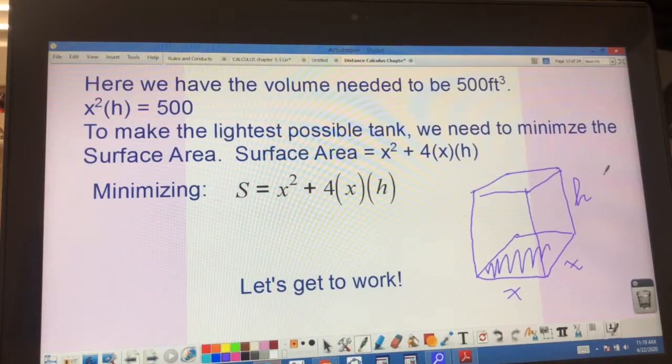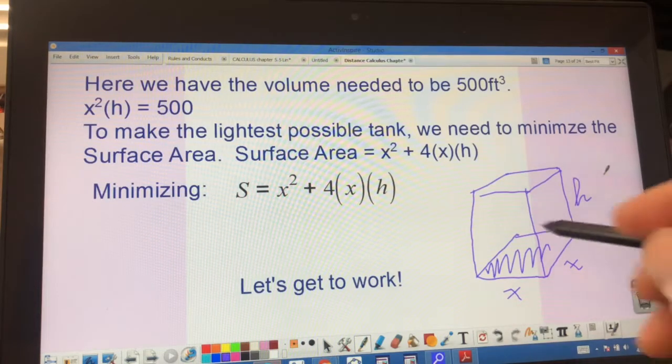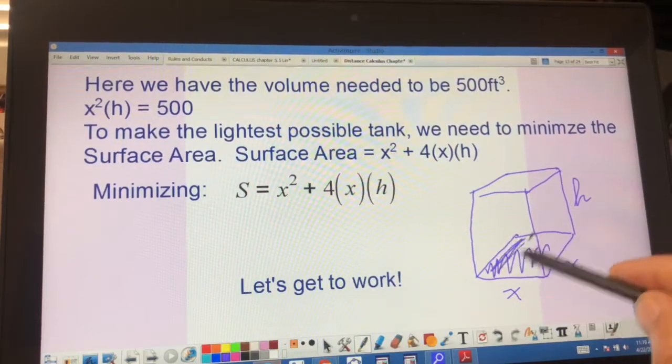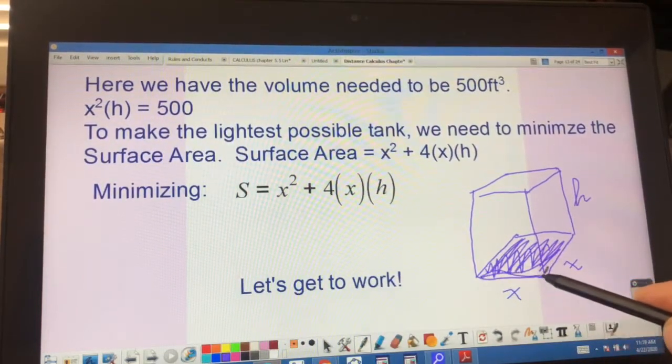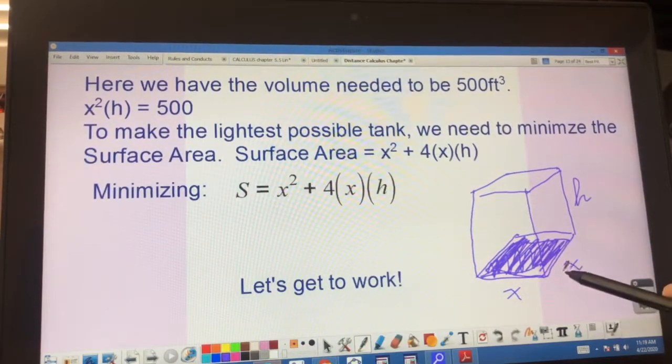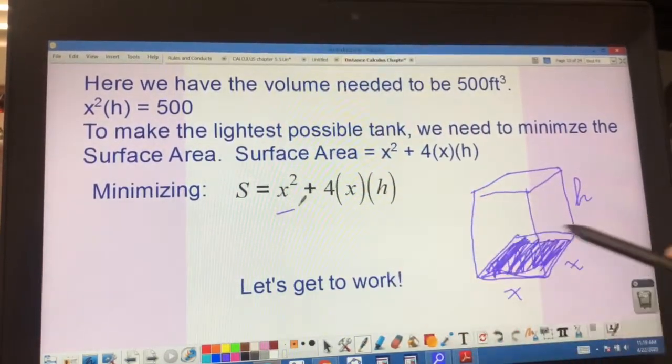So now the next equation we have to come up with is the surface area. Well, you got the area in the bottom. So this is like the steel base that you want. The square area here should be x times x. There is your x squared.